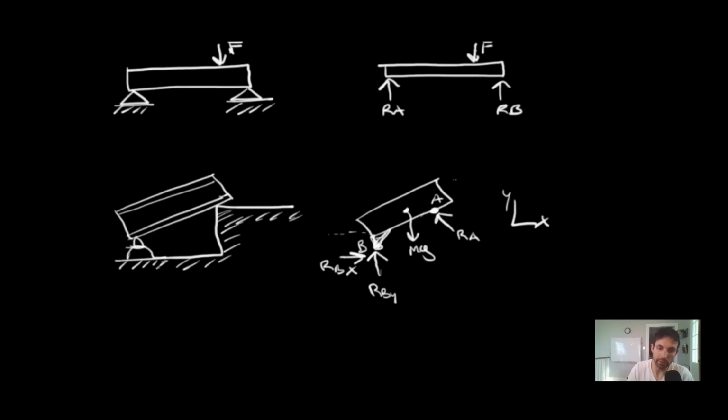That can be the first step in finding out maximum stresses in a beam or something like that. So when we look at these free body diagrams and determine their forces, we begin to enter into the world of statics.